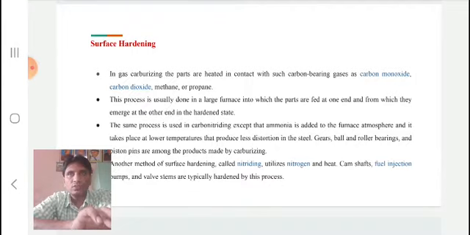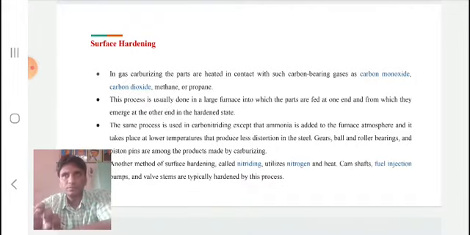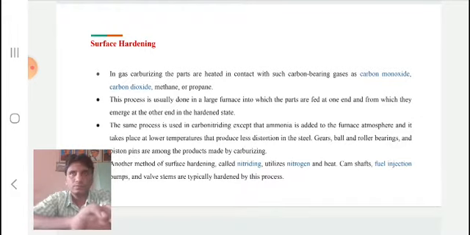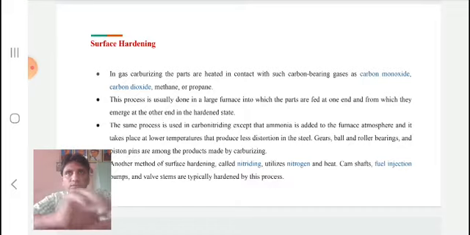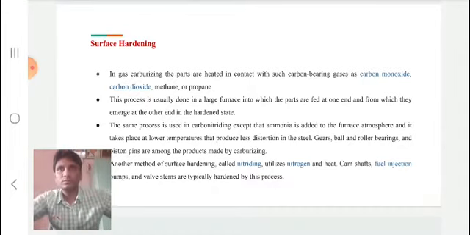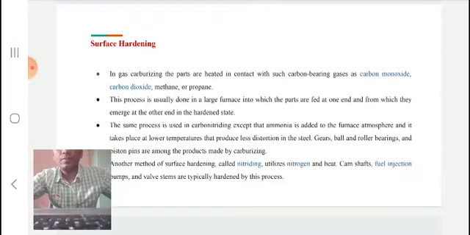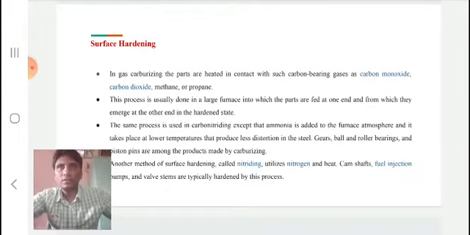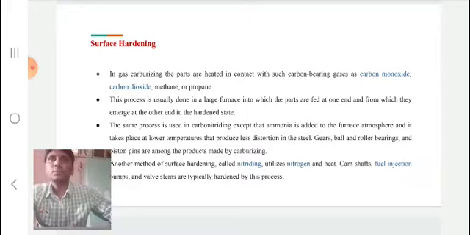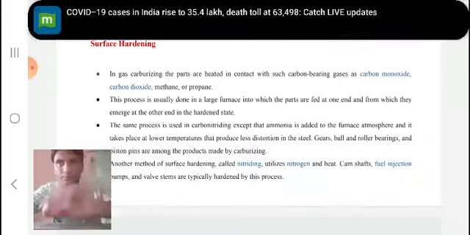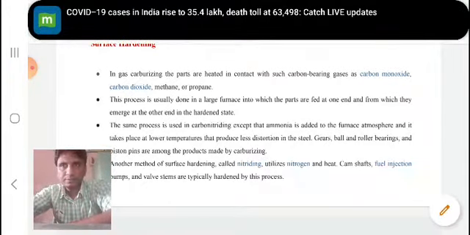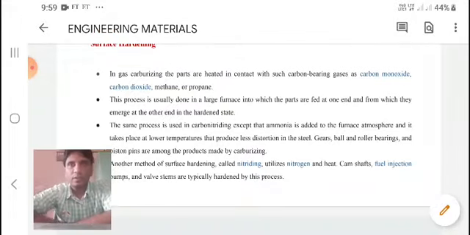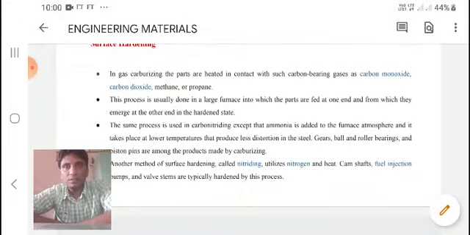Camshafts, fuel injection pumps and valve stems are typically hardened by this process.